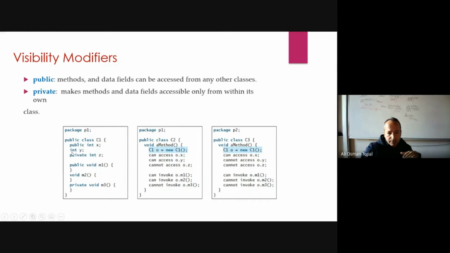If you didn't define it, Java thinks that you forgot to define it, and just in case, it is not going to let you use it in another package. So Y and Z are not accessible; you cannot access them from another package. Same thing, M2 and M3 methods, you cannot access them again. So this is the public and private.